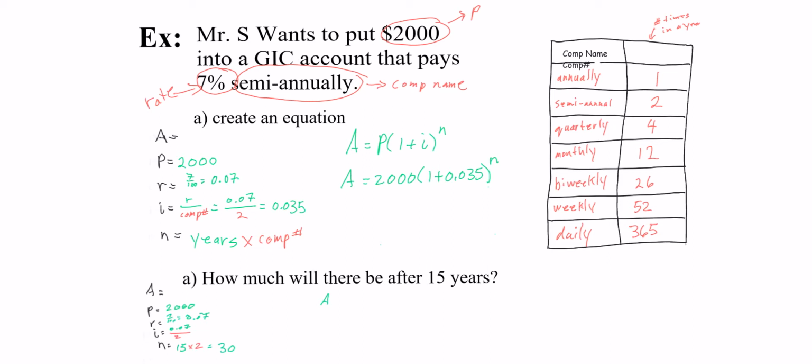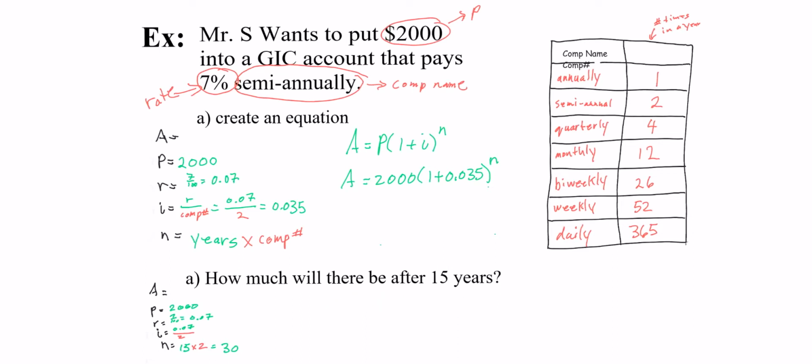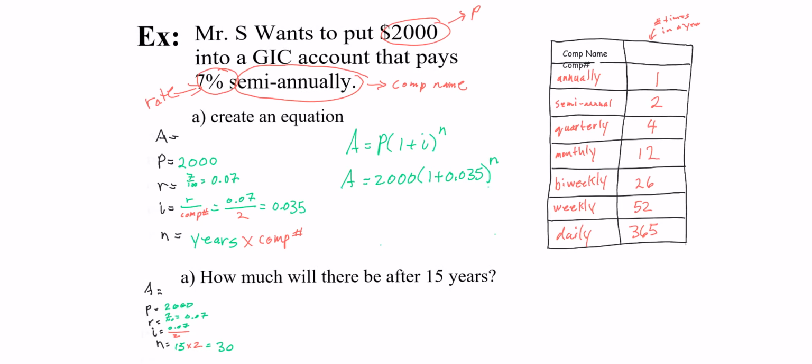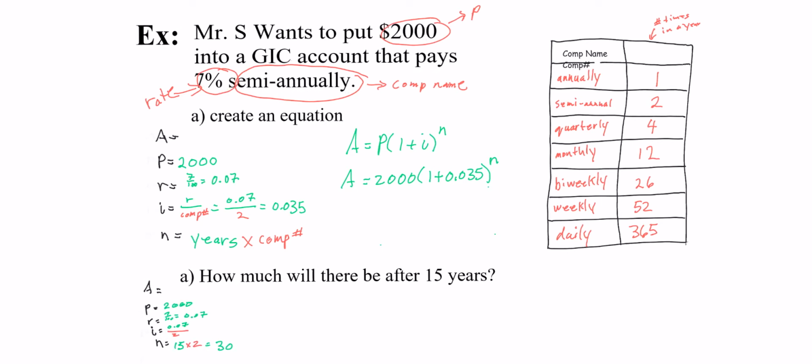In our basic equation, we start off with A is equal to P(1 plus i) to the n. And now we continue substituting directly, which is equal to 2000 bracket 1 plus, well, I won't put in the 0.035 that we had here.